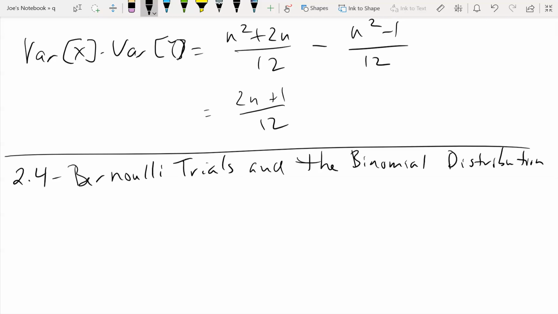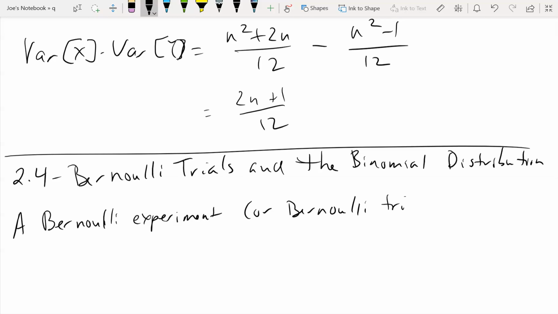So just to write that down, a Bernoulli experiment or Bernoulli trial, they're essentially the same thing, is, again, a random experiment. So like flipping a coin, rolling a die, watching a roulette wheel spin around and the ball land in a slot.